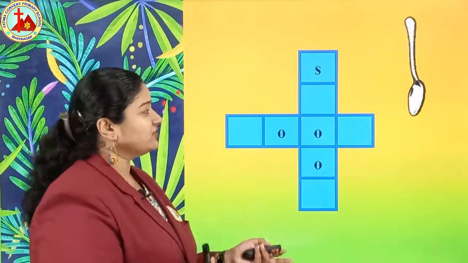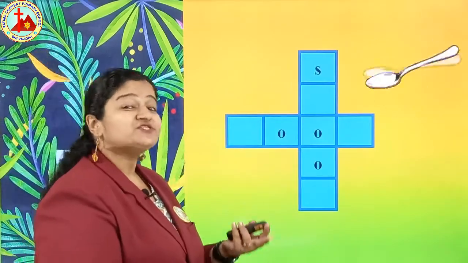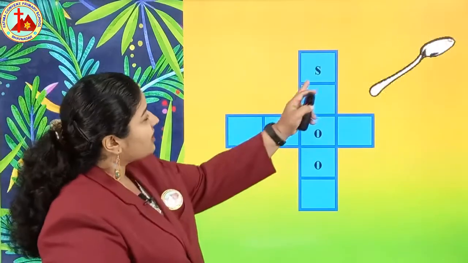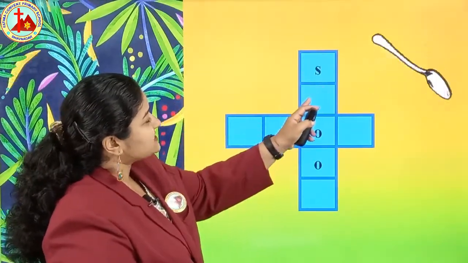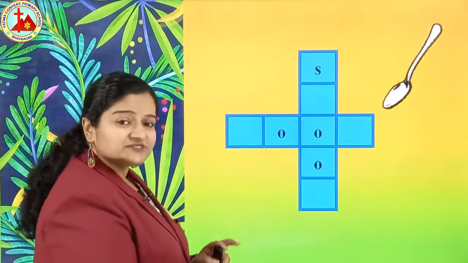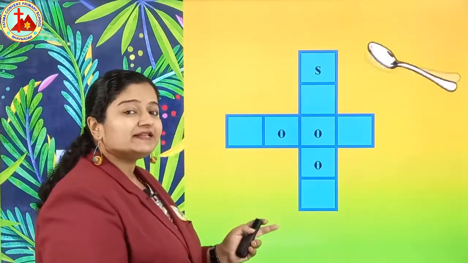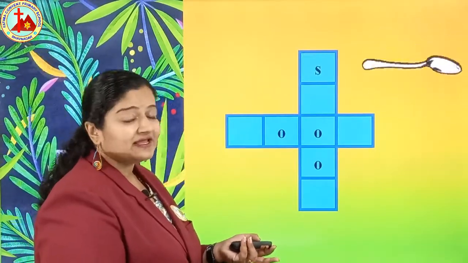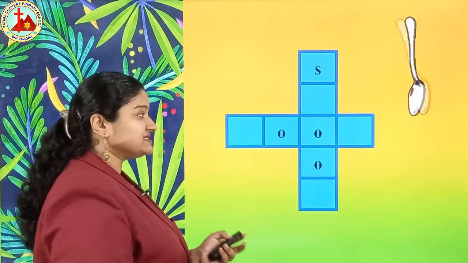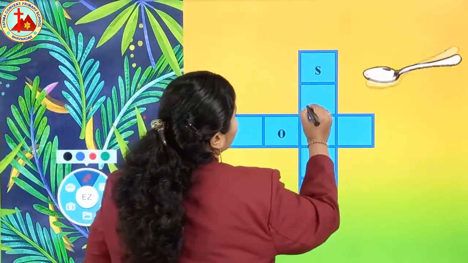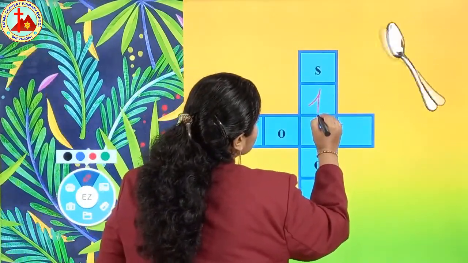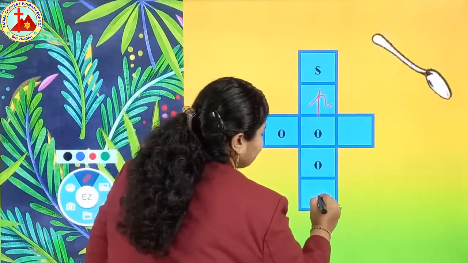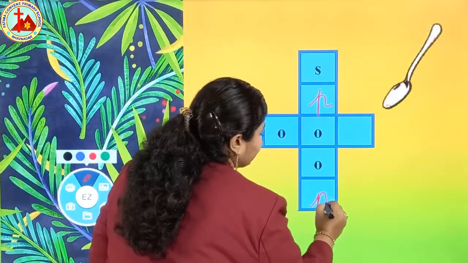Very good. This is the picture of a spoon. We can eat with a spoon. Spoon spelling, S is already written. S-P-O-O-N, spoon. These spellings are a little big, children, but if you practice and learn the spelling, then you will know it very fast. S is written. We will write P. P-O-O is written and we will write N. Then which spelling is completed?